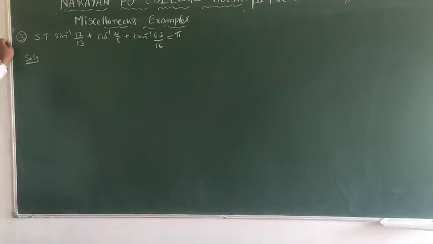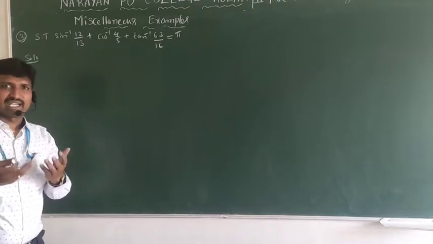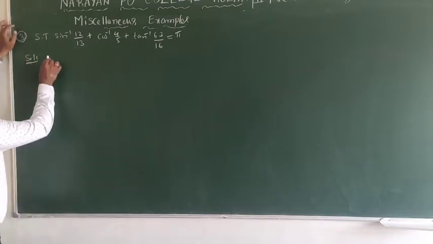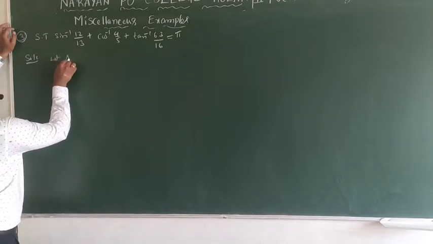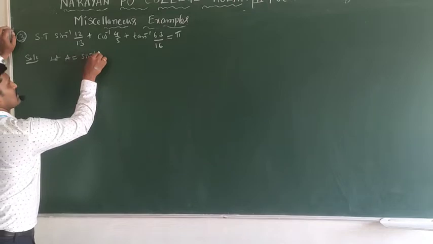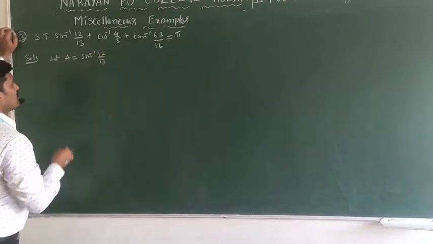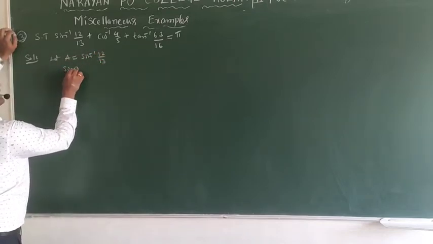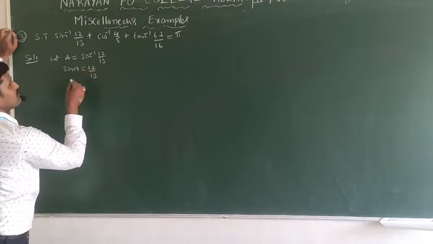For easy purposes, try to convert all in terms of tan only, because in terms of tan we have a direct formula. So for that, first let us assume the first term is A. So sin A equal to 12 by 30.